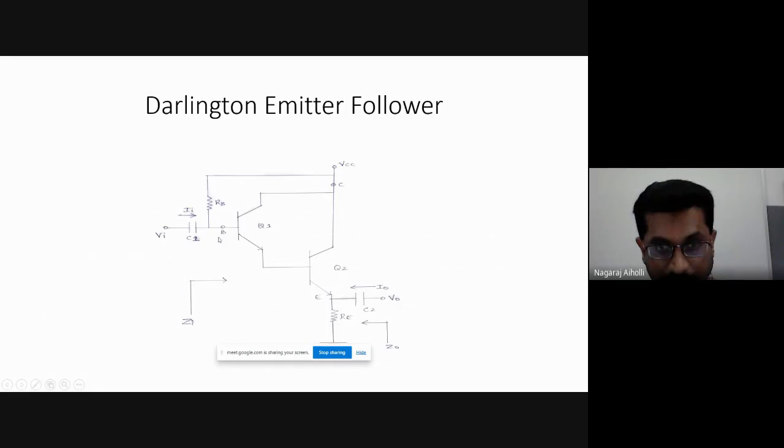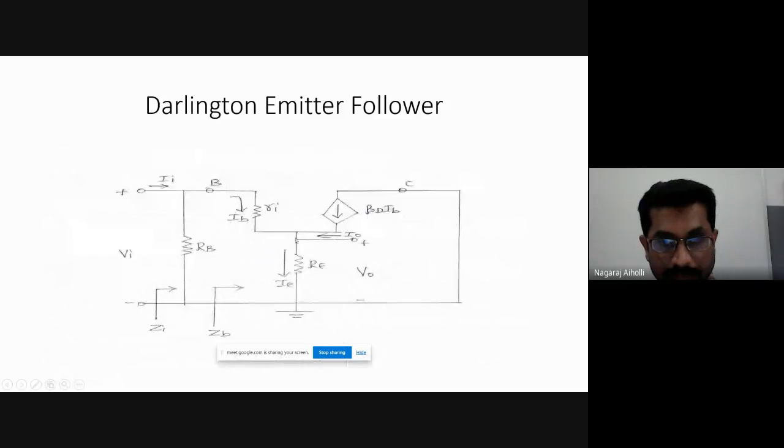This is Ri between base and emitter, and when it comes here, it is Re, the emitter resistance. That will also come in the AC equivalent circuit, capital Re, between the junction and the ground.